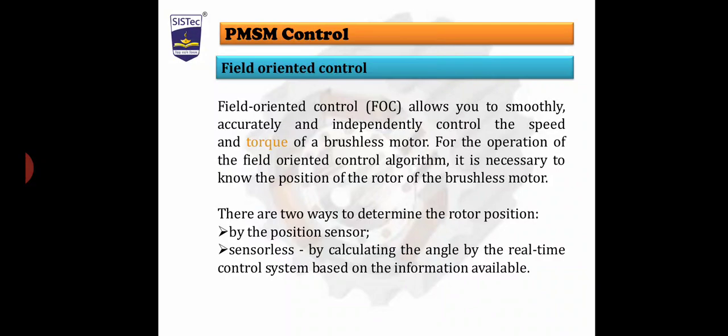Now we will move on to the second technique, field oriented control. Field oriented control, in short FOC, allows you to smoothly, accurately and independently control the speed and torque of a brushless motor. For the operation of the field oriented control algorithm, it is necessary to know the position of the rotor of the brushless motor.